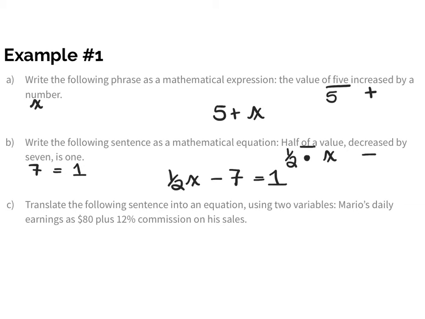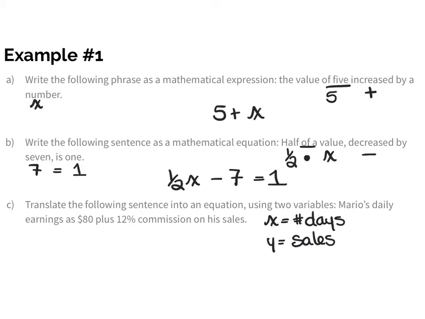Very last one. Translate the following sentence into an equation using two variables. Mario's daily earnings are $80 plus 12% commission on his sales. So I told you we needed two variables. The first variable we decided x would be the number of days that Mario worked, and y would be his sales.